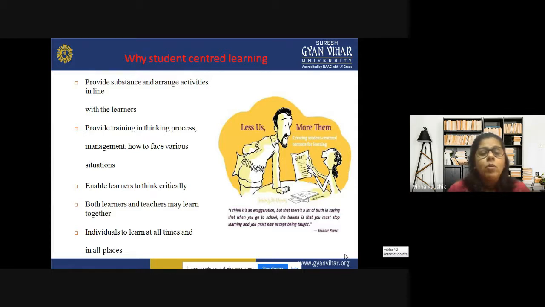Individuals learn at all times and in all places. The student-centered approach gives students the opportunity to learn at all times and in all places. It means we are not saying that it is limited only to classroom teaching or instruction.